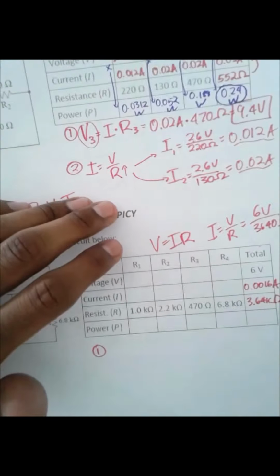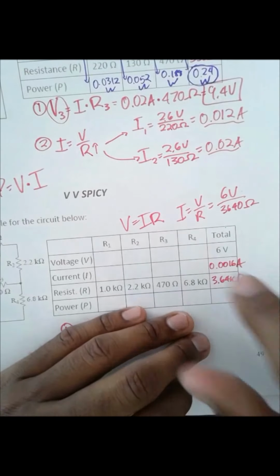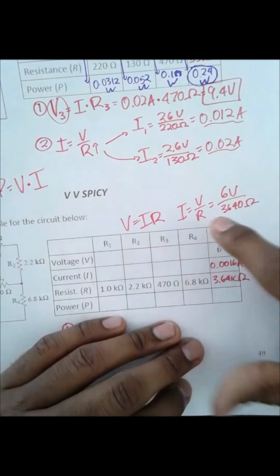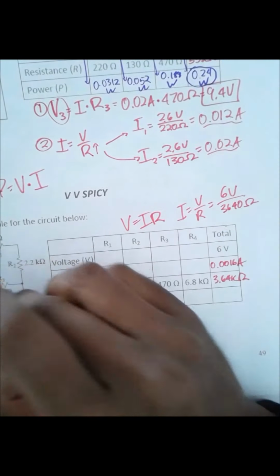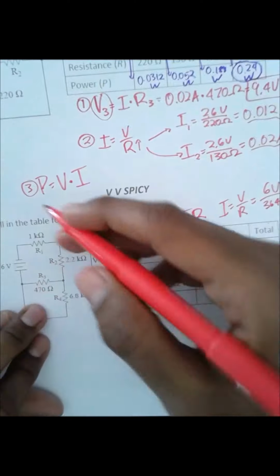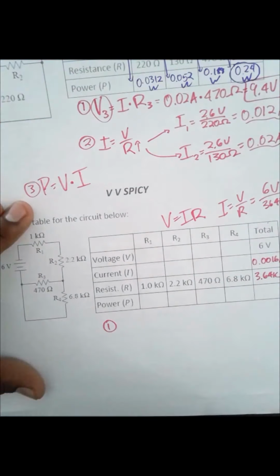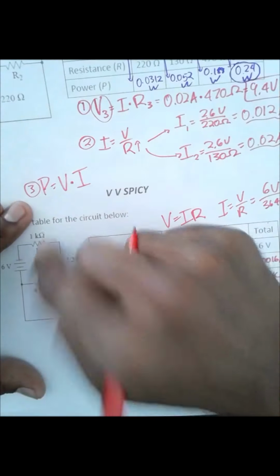Now, we figured out the total current here, and so once we figured out the total current, we have to do a little bit of thinking to figure out how that current splits apart. So we know that if we look back at our circuit, all of this current, 0.0016 amps, must be encountered by R2 and R1.